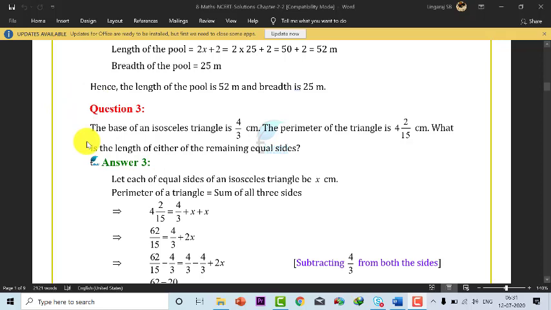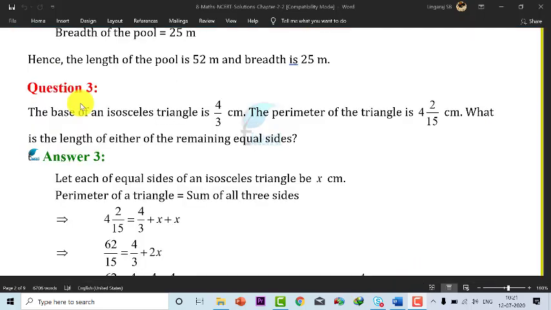Next we can move to question number 3. In this third question, the base of an isosceles triangle is 4 by 3 centimeter. The perimeter of the triangle is 2 by 15 centimeter. What is the length of each of the remaining equal sides?